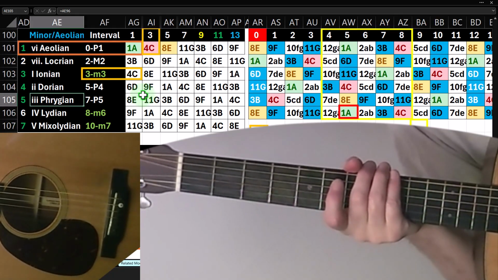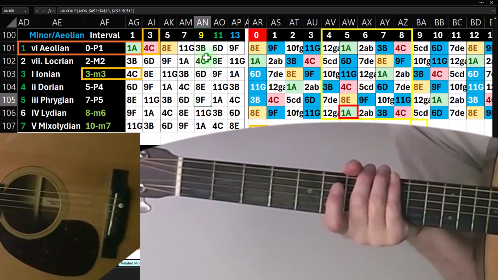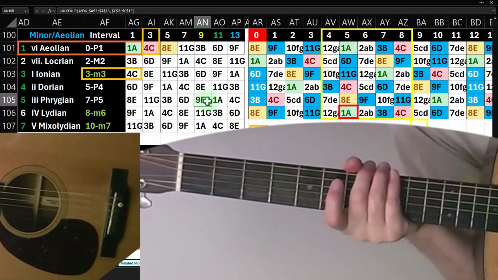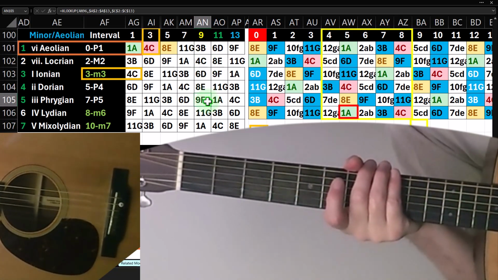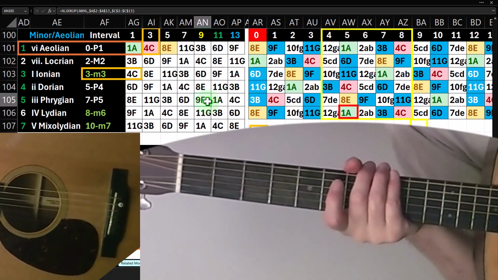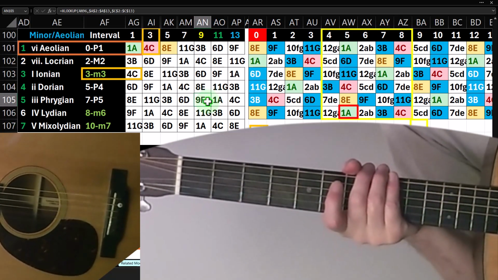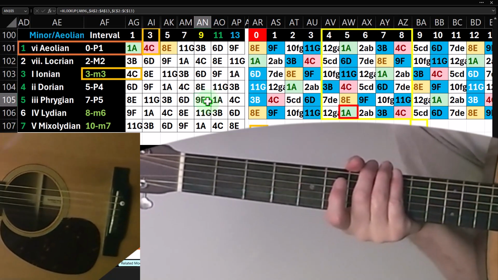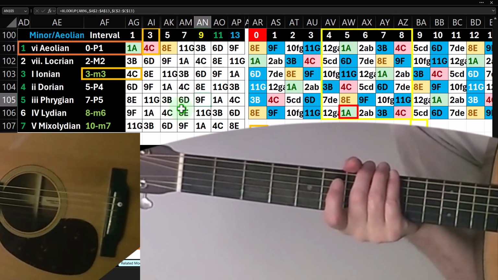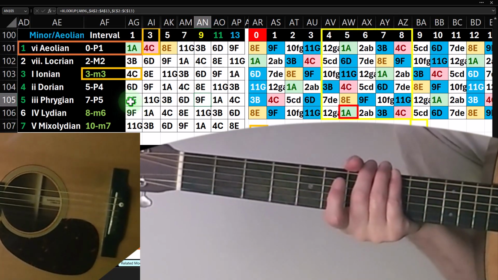Why is that different? Well, the 2, which happens to be equivalent to the 9 in chord construction, has a flat 2, right? So it wouldn't matter if you are playing in Phrygian or Dorian if you didn't play the 9 in a chord, or the 2 related to this E major.